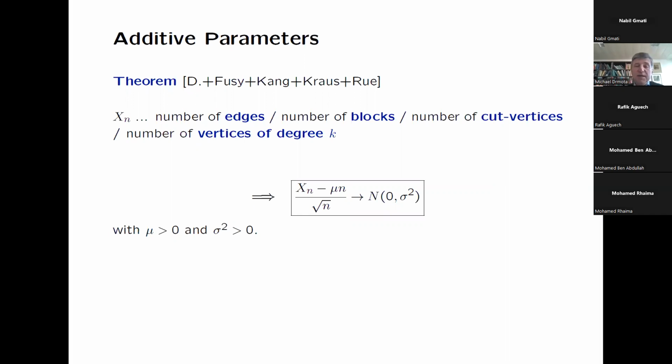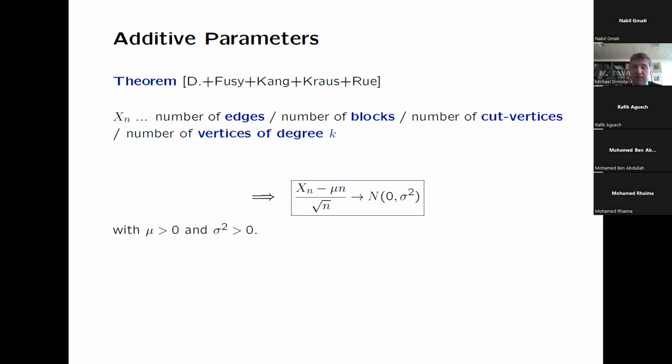They all satisfy a central limit theorem with a positive mu, which means that there is a positive proportion, for example, of vertices of degree 4. So you have n vertices and you have mu times n vertices of degree 4 typically, where mu is some value, for example, 1/100. So 1% of the vertices has degree 4, and the deviation from this expected value then follows the Gaussian law with variance also of size n.